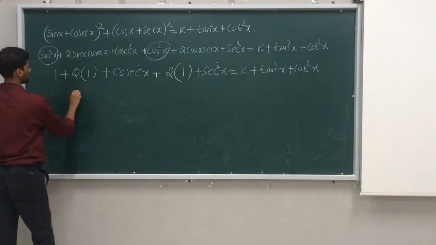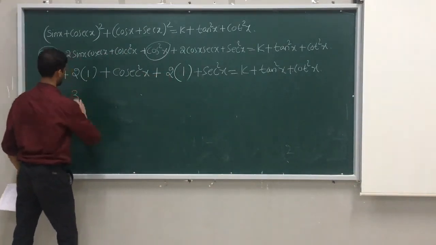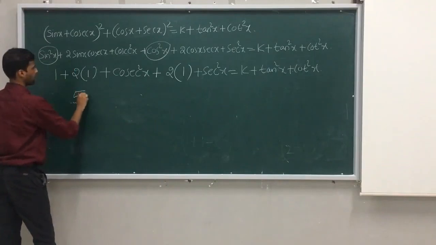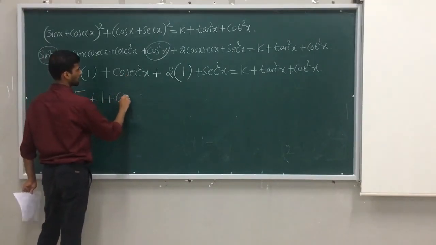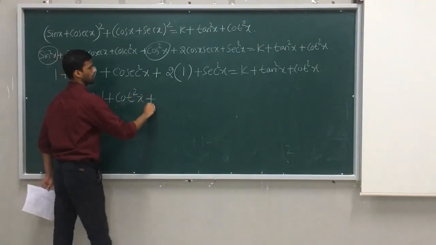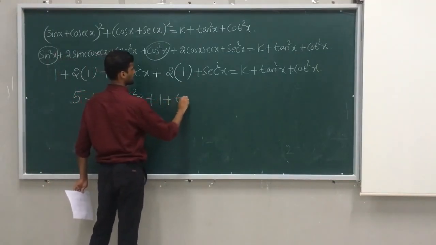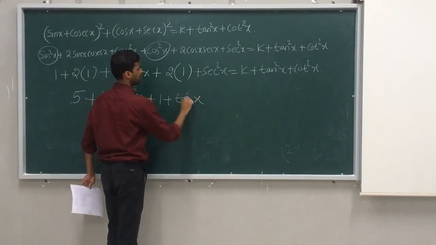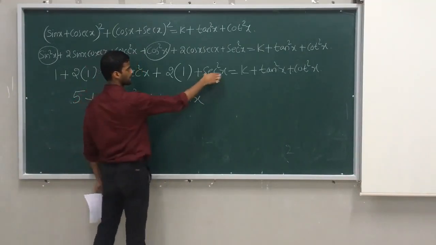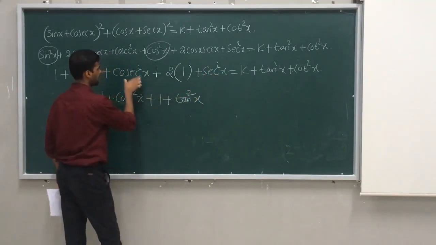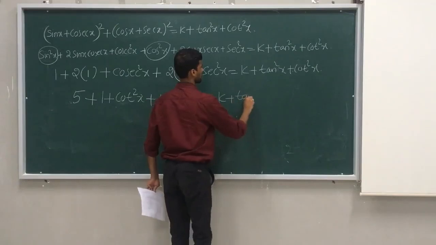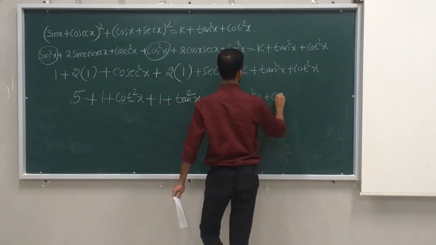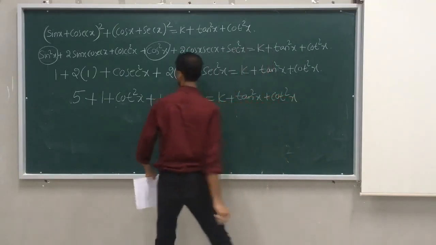Now 2 plus 1, 3 plus 2, 5. Okay, 5 plus cosec square x can be written as 1 plus cot square x. Sec square x can be written as 1 plus tan square x, right? I have written sec square x as 1 plus tan square x, cosec square x as 1 plus cot square x, which is equal to k plus tan square x plus cot square x.